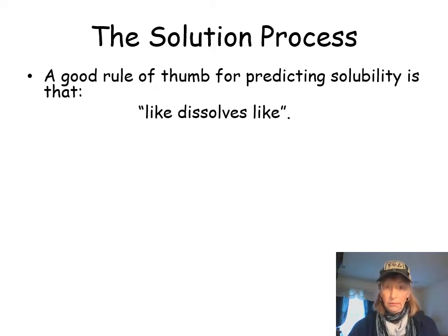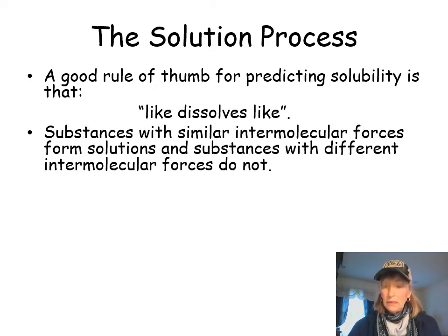What does it mean? Substances that have similar intermolecular forces are going to form solutions. And substances with different intermolecular forces going on do not. It's as simple as that.